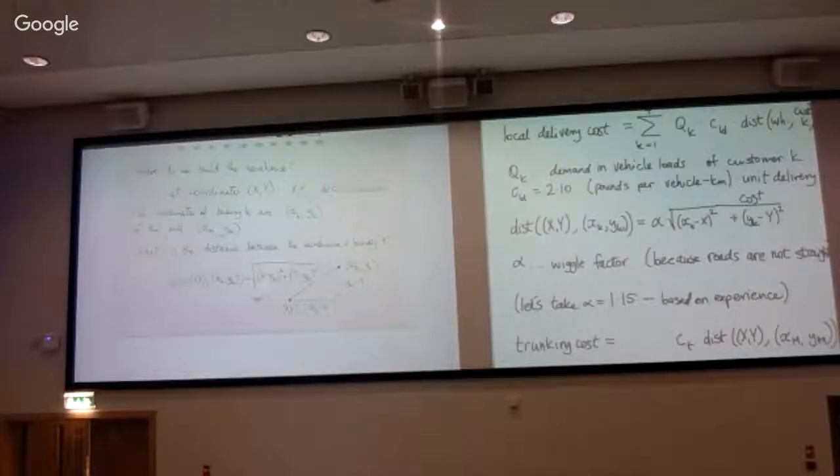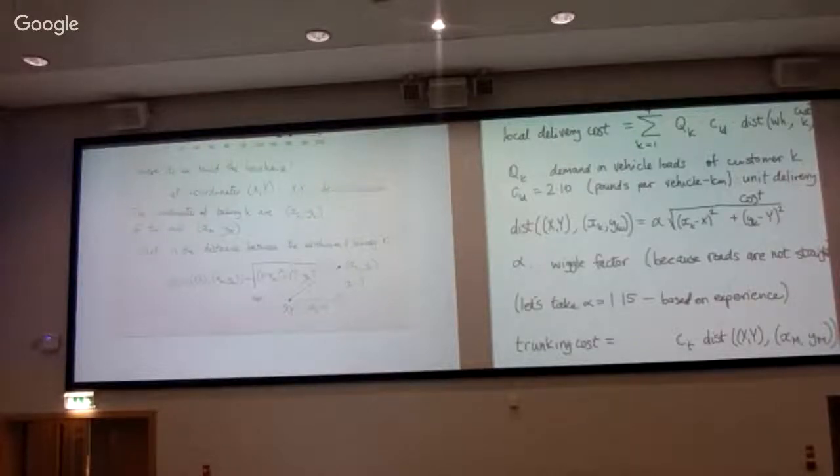Could be the alpha, but no, I put the alpha here into the distance formula, so I don't need to do the alpha. I have two different formulas for the distance, but this one doesn't count. That's just on a piece of paper. But this one counts. So this is the distance. The alpha is already part of this distance. So the dist doesn't give you the straight line distance in this case. It gives you the wiggle distance.